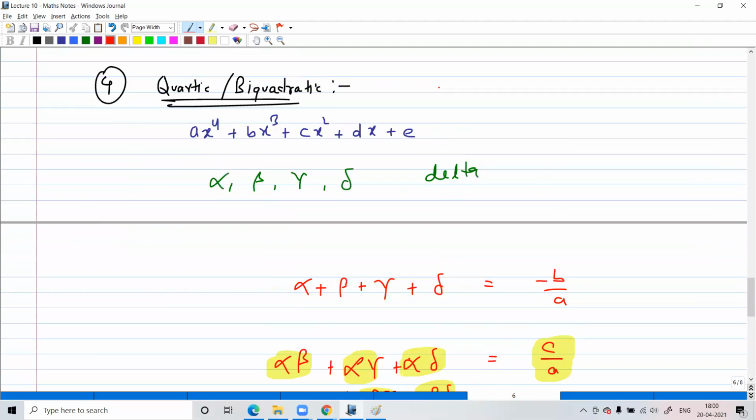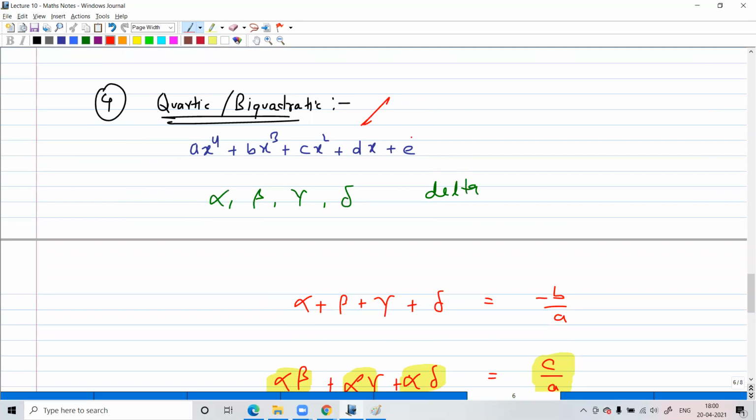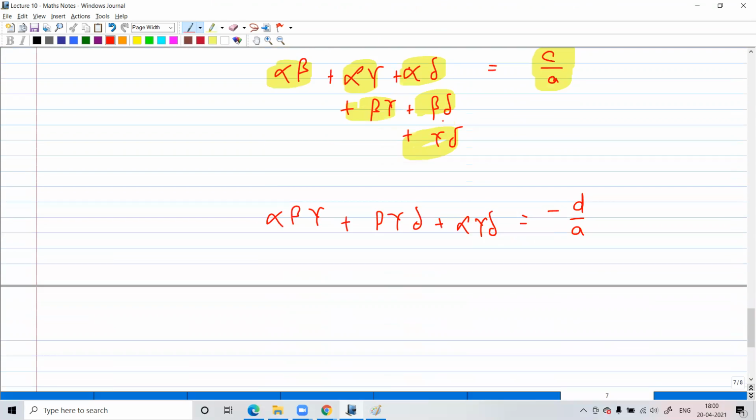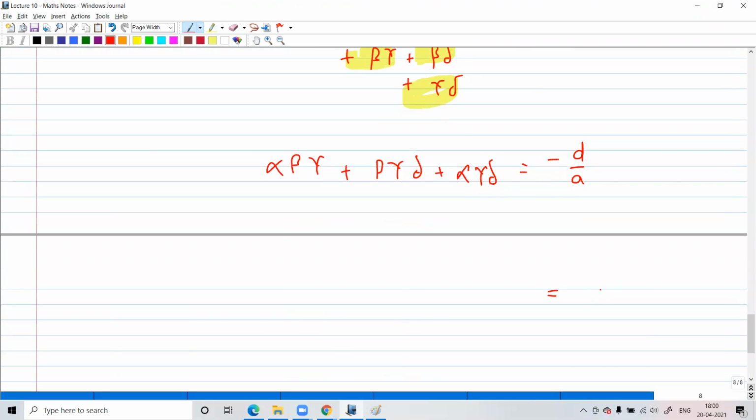Look at the standard form. We did D by A. Now we have to do E by A. Did we take alpha, beta, and delta? Yes. It has to be there.